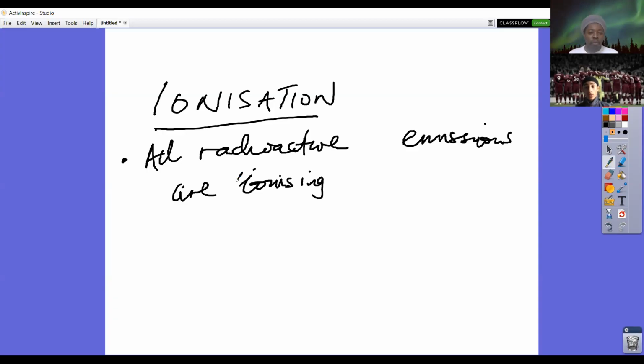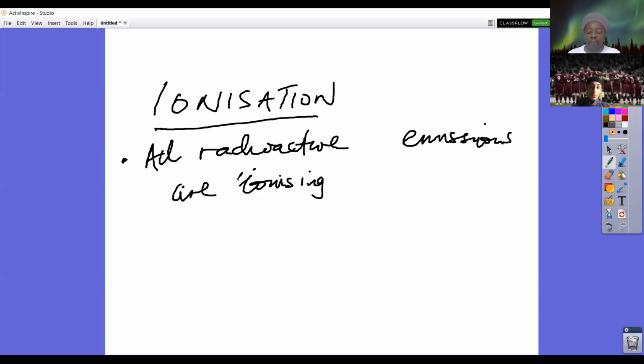And remember we said that ions are always formed in pairs? When they knock electrons off one atom, that atom becomes positively charged, but those electrons join another atom, which becomes negatively charged. So they create pairs of ions, all of them, because they knock electrons off atoms. So all forms of radioactivity are ionizing.